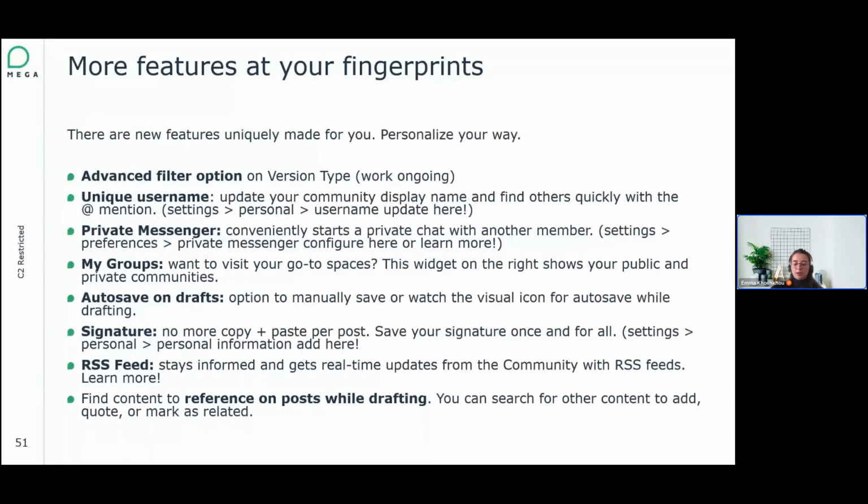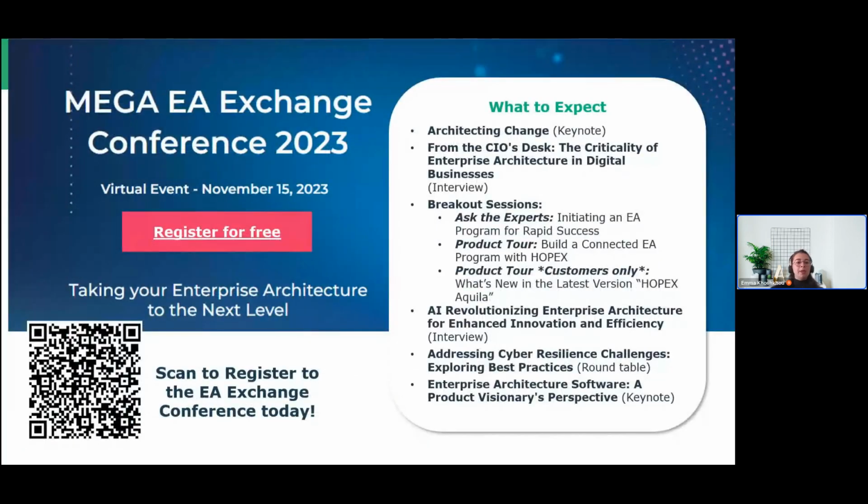And finally, I'd like to share with you one of our upcoming events, which is the Mega EA Exchange Conference. That's happening in a couple of weeks now, mid-November. So you can register for free. Feel free also to scan the QR code directly here with your phone.